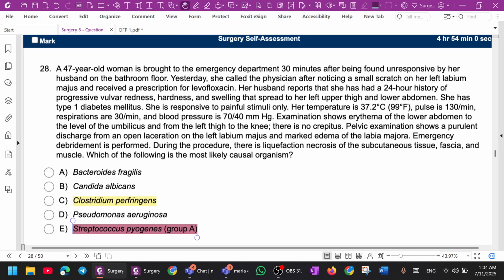It's not Candida albicans, a dimorphic fungus that can result in systemic infections such as esophagitis and disseminated candidiasis in immunocompromised patients, and can also cause vulvovaginitis and diaper rash. It's not a common cause of necrotizing fasciitis. Clostridium perfringens can result in myonecrosis and hemolysis, typically following traumatic injury.